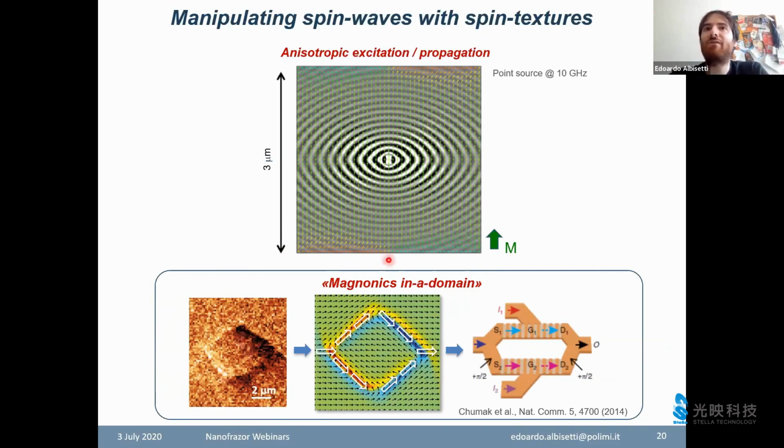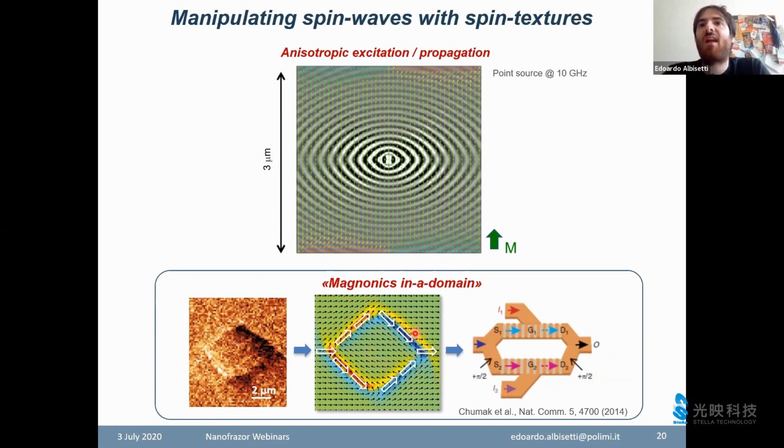You have to think that normally the magnetic domains in the ferromagnetic layer cannot be controlled very well. Usually what is done is to apply an external field to have the least domains possible in the film, so that you can control spin waves very well. Our idea was to do the opposite: to artificially create different regions, different domains, in order to use these regions for controlling the generation and the propagation of spin waves.